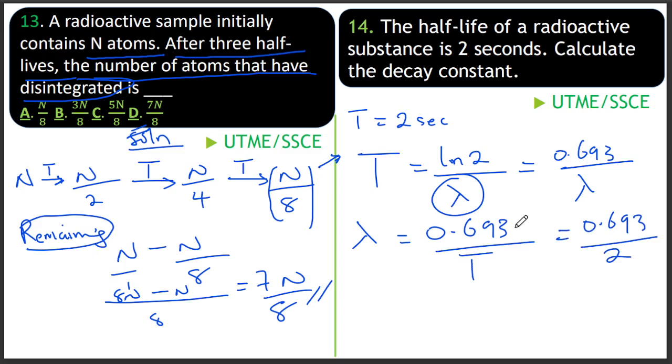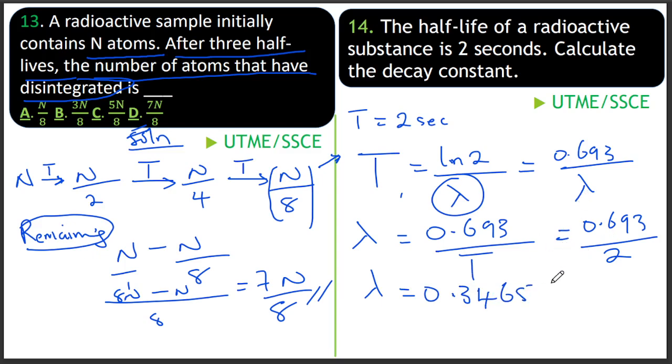And if we punch this, 0.693 divided by 2, this will give us 0.3465.